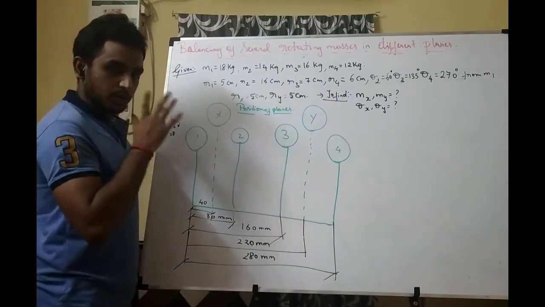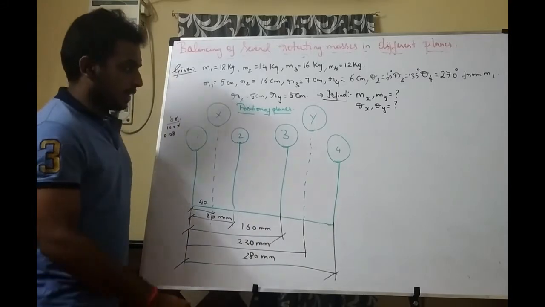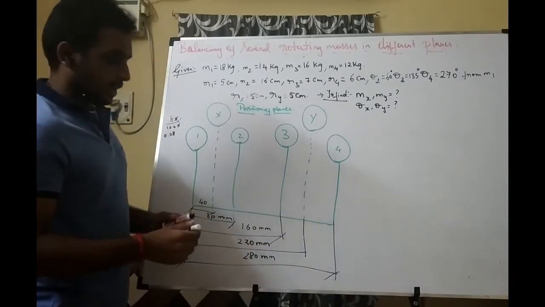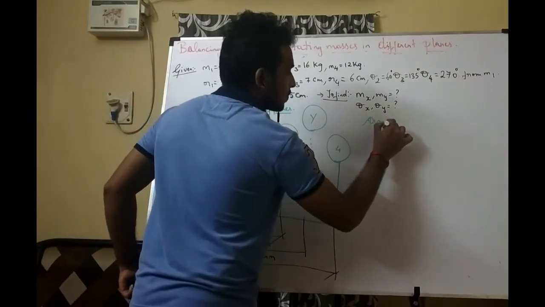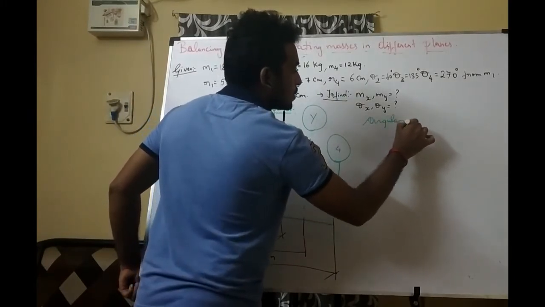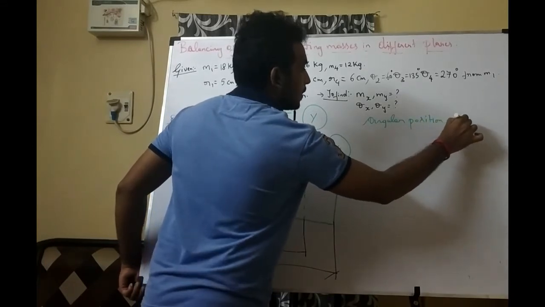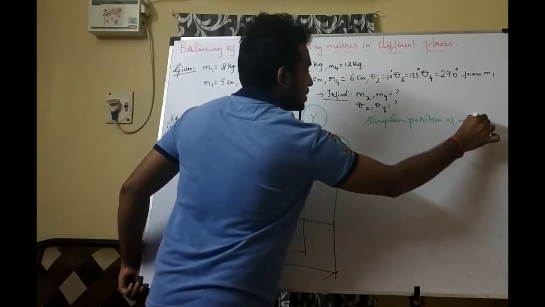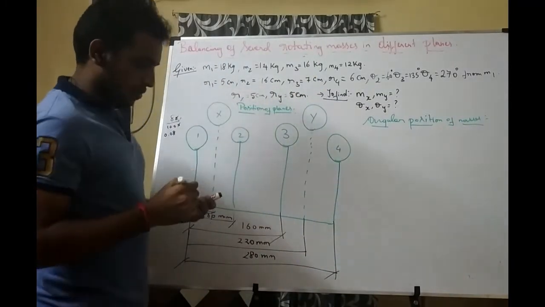With respect to the question given, we have constructed this plane diagram, and another space diagram will be the angular position of planes or angular position of masses. Angular position of masses plays a very important role, as we have seen in the problem of balancing of masses in a single plane.